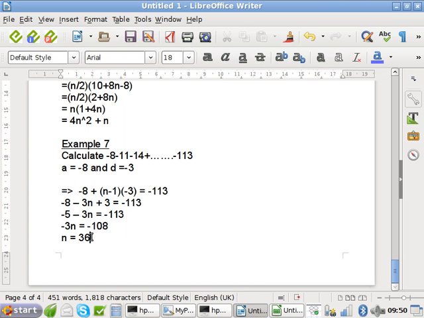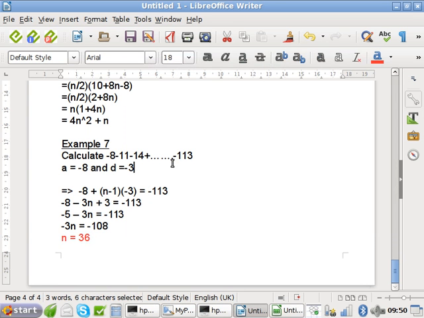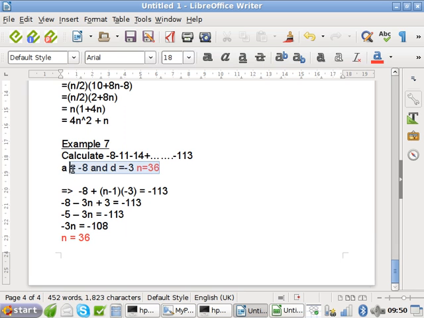So what you can do is take this answer and bring it back up here. n equals 36. Now do you have enough information to use your Sn formula? Yeah, we do.